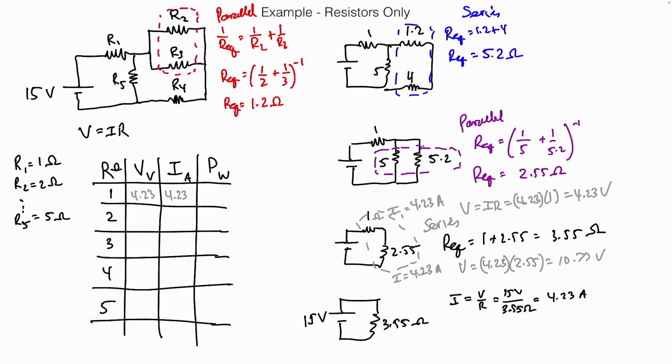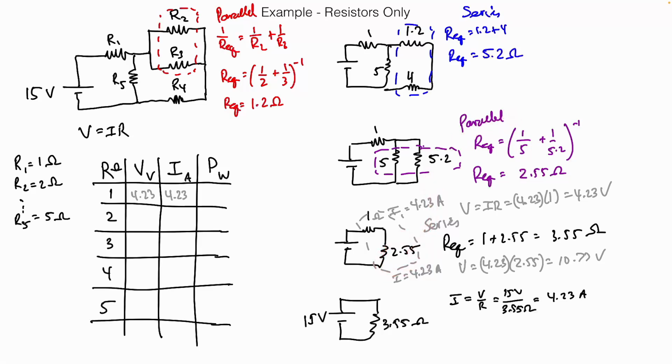Because the 2.55 ohm resistor is not a real resistor. It's a mathematical resistor. It's an equivalent resistance that came from something, right? But now that I know the voltage and current through that 2.55 ohm resistor, where did it come from? It came from the parallel combination, didn't it?